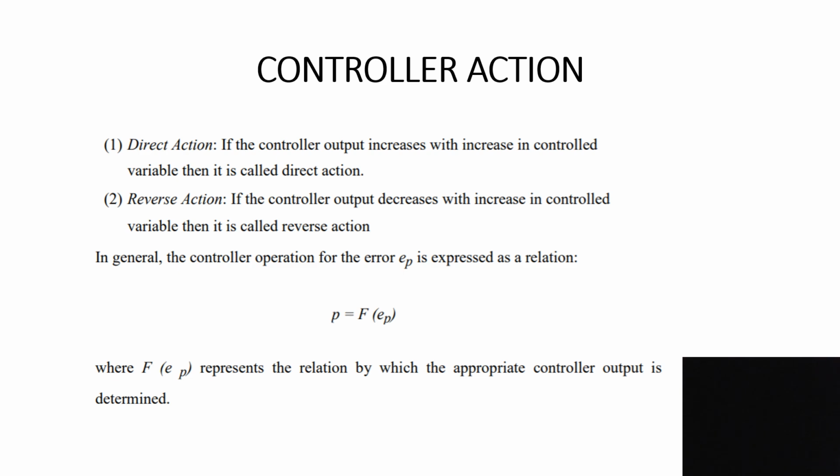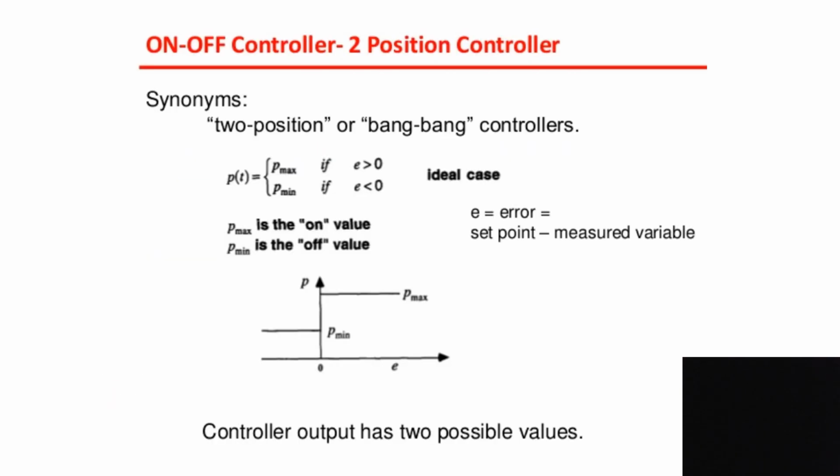Coming to the discontinuous mode, the first one is the on-off controller, also called two-position control or bang-bang control, where the control signal is either P max or P min depending on whether the error is greater than 0 or less than 0. So P(t) equals P max if E is greater than 0, or P(t) equals P min if E is less than 0.